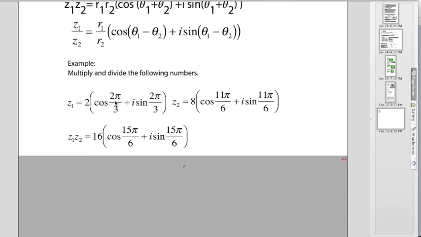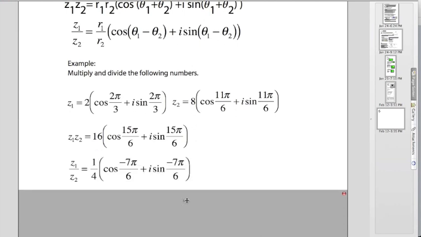And 4/6 minus 11/6 gives me -7 on top. And so this is what division looks like. Remember again, for division, we divide the r values, and we're going to subtract our angles. The order matters. Whatever comes first is on top.